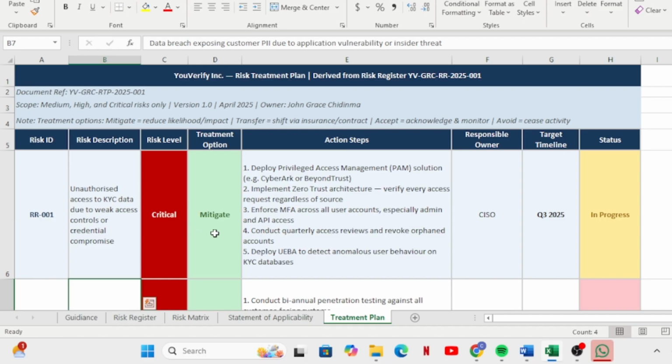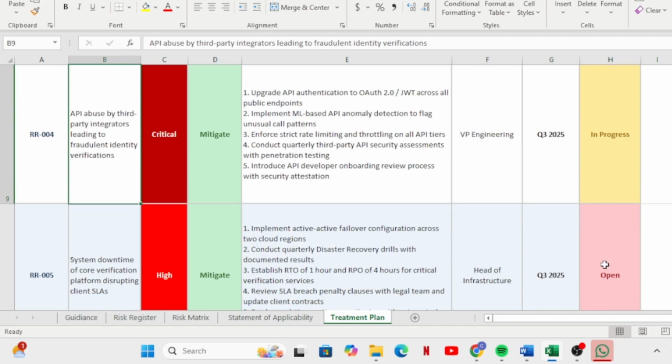The treatment plan for KYC data is to mitigate, and these are the actions we need to take to mitigate it. The responsible owner is the CISO, the chief information security officer, the target timeline is third quarter, and the status is in progress.